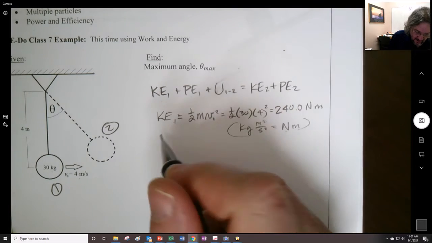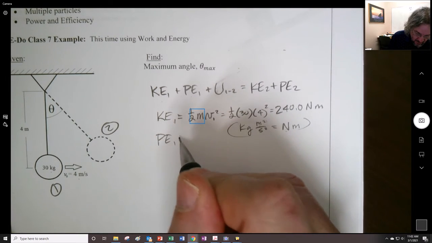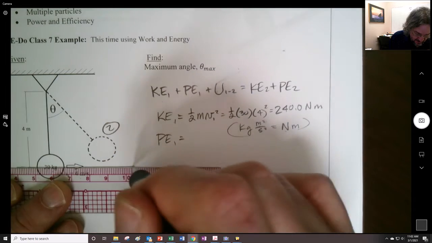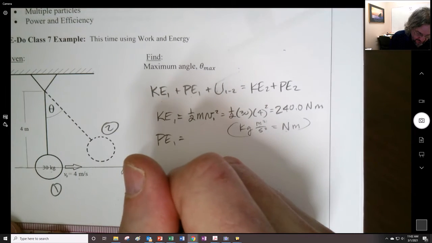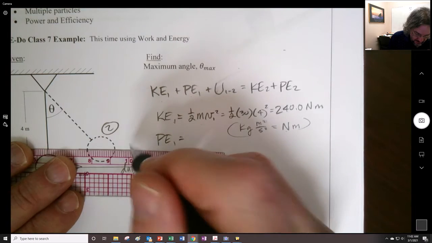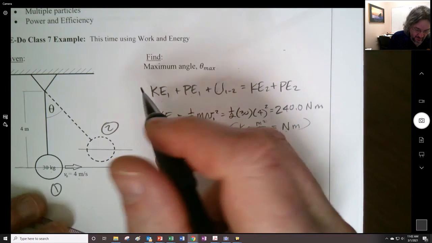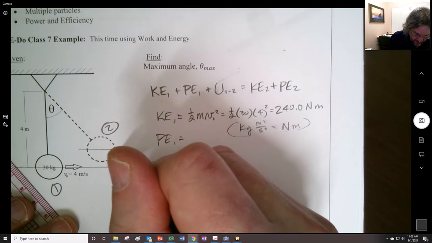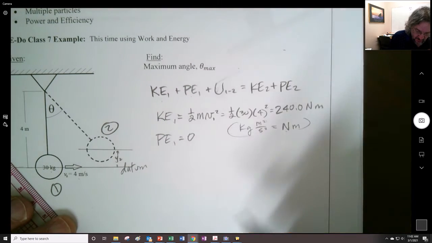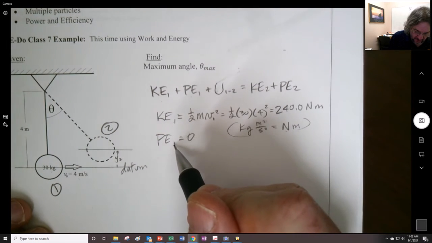And now the PE1, what we're going to do is establish where the datum is. And let's just pick this as the datum. So right here is going to be the location of Y2. That's where Y2 is later. So by default we're going to set this as 0.